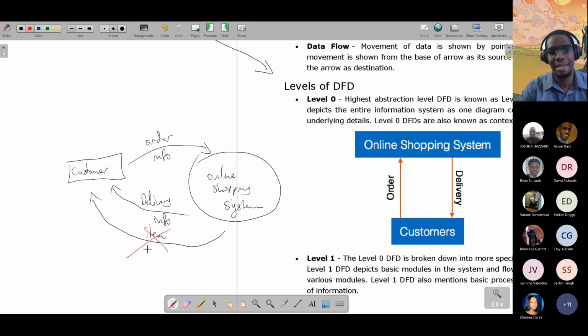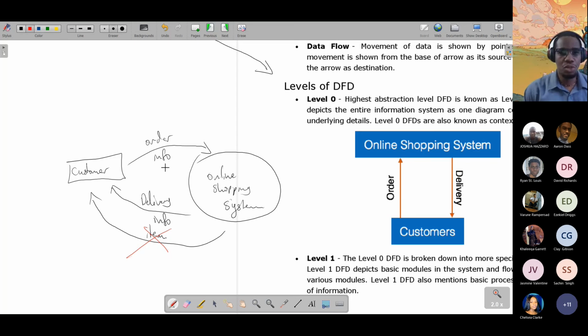There can't be any physical representation of an item or anything tangible, because the item does not pass through the system. The delivery info is the information associated with the item being delivered. You with me? Yes, sir.